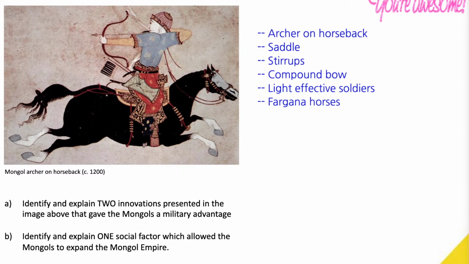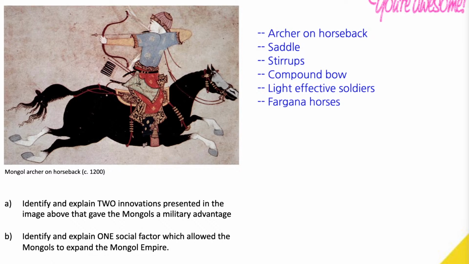The Fergana horses are very durable. They are very compact. They're good for riding long distances. They are fast. Legend has it that when they breathe, you can see the blood. We think that the description was probably that as they were breathing, it was the fog and it was either sunrise or sunset, so it looked like they were breathing blood.